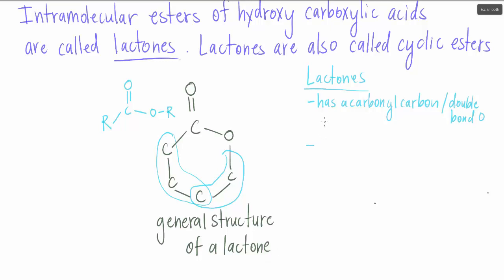The second thing is we're going to have two single bonds in the cycle bonded to oxygen. Two single bonds in the cycle bonded to oxygen, and one of these single bonds will be the carbonyl carbon.